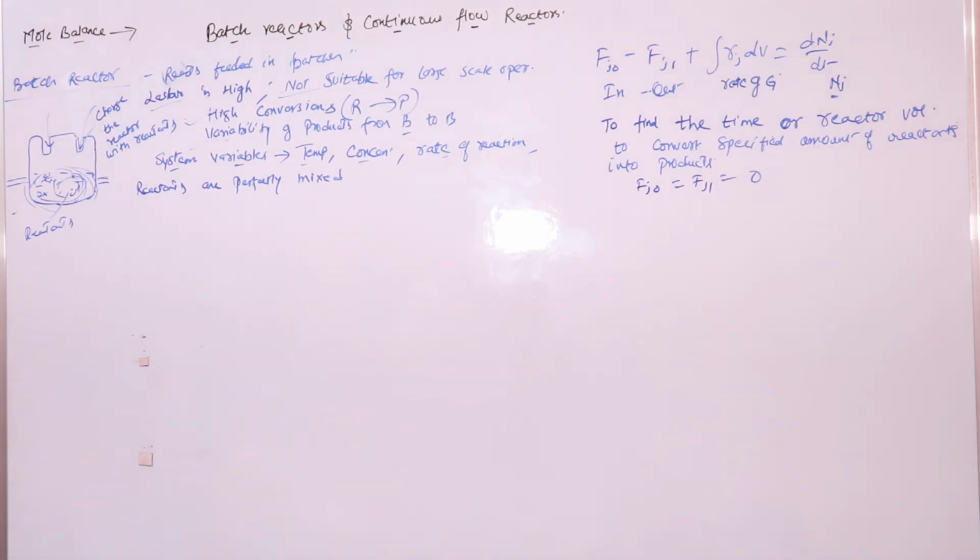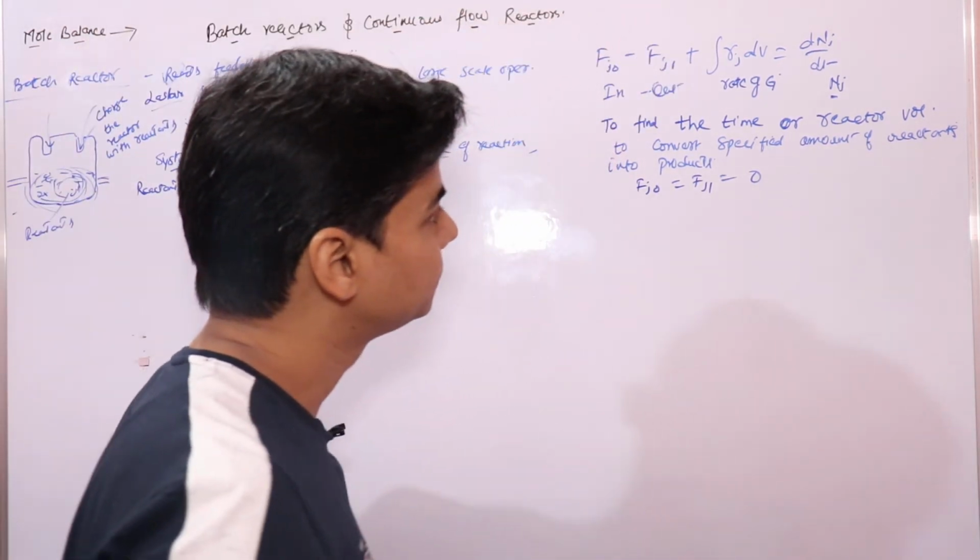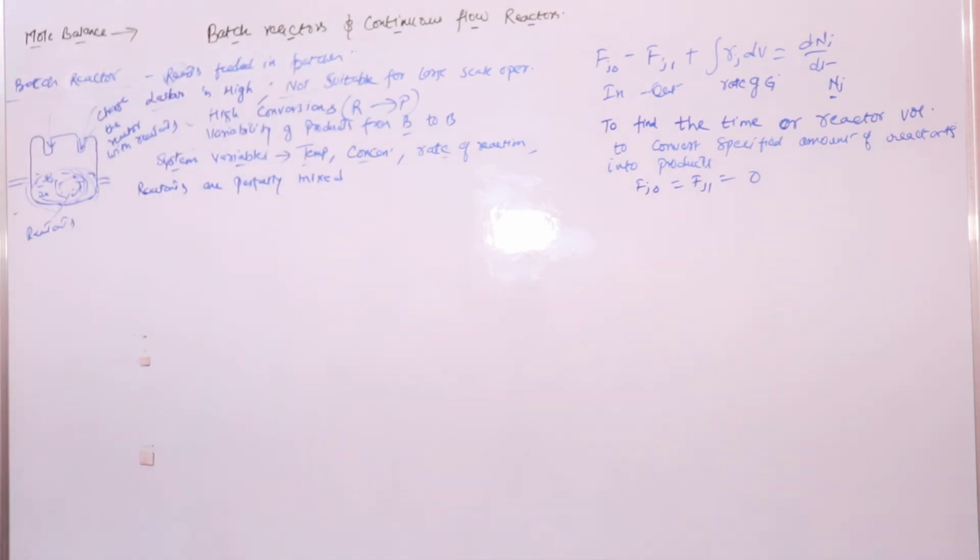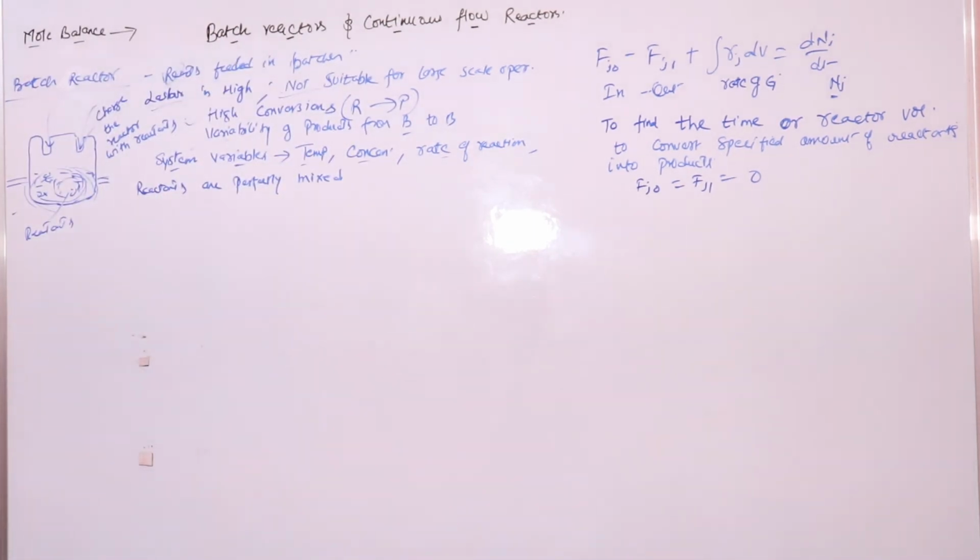So if you look at the mole balance equation, you have a term that talks about the rate of generation. There you have Rj, which stands for your reaction rate. So now we consider that the reaction mixture is perfectly mixed and the rate of reaction is constant throughout the reactor volume. These things are important to understand, and otherwise it's simple.